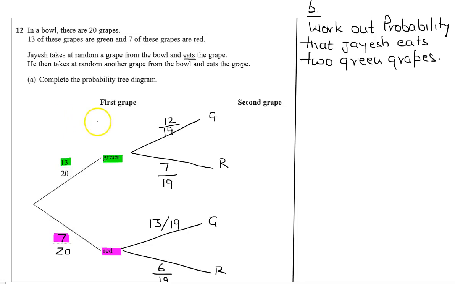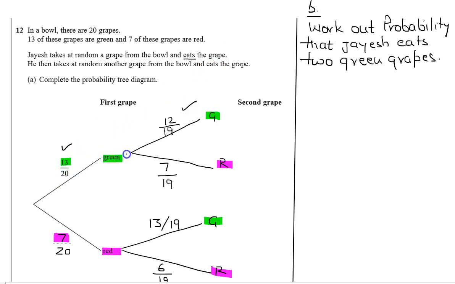Now the second part of this question is: work out the probability that Jayesh eats 2 green grapes. So let's see, this is green, and this is green, and this one is red and red. What I'm seeing here is 2 green grapes, one green and another green.